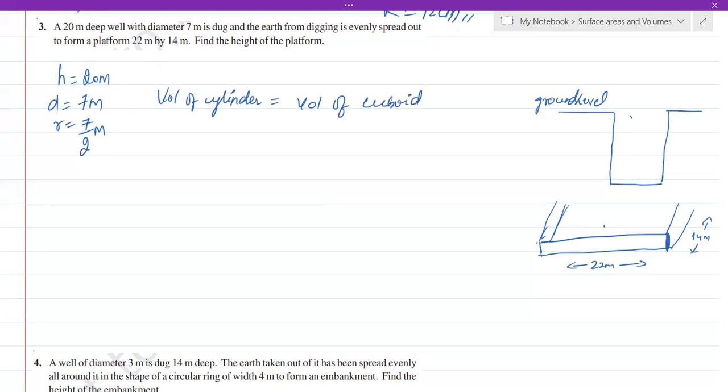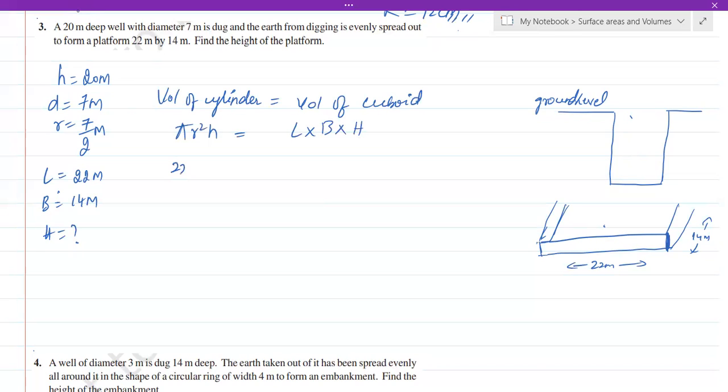Where the length of the cuboid is 22 meter and the breadth of the cuboid is 14 meter, we have to find h, the height of the cuboid. So volume of cylinder is given by the formula pi r square h, and volume of cuboid is capital L into capital B into capital H.